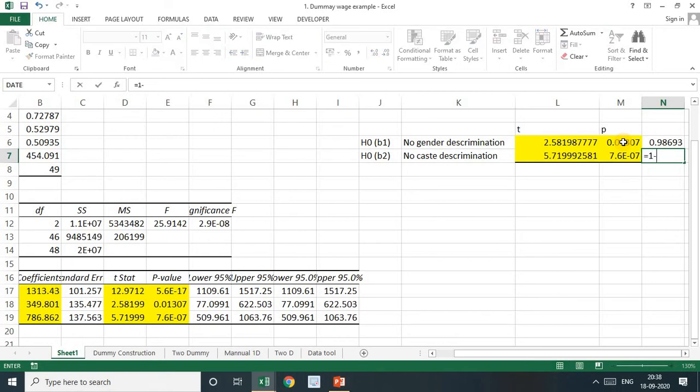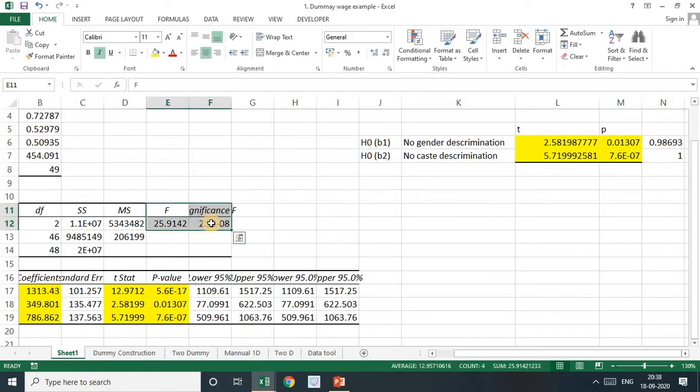And for this, if you subtract this, you will get 1. It says that you are 100% sure that you can reject this null hypothesis. So in both cases we assume that there is a gender difference as well as a caste difference in the labor market.